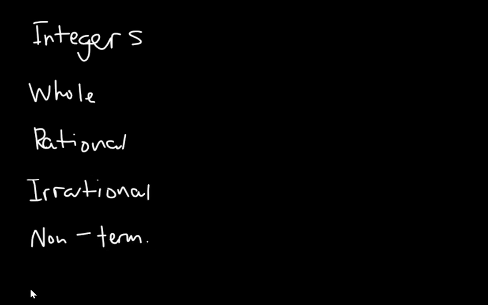Abbreviate term. So integers are any number that does not have a decimal point. Yeah, integers are just any number that doesn't have a decimal point.